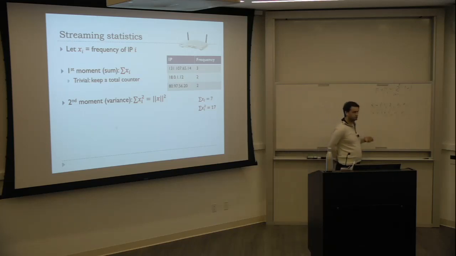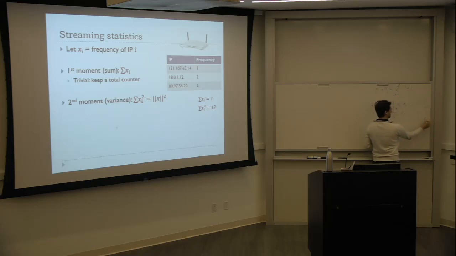Now suppose we see another copy of IP2, so this gets incremented. If it was the first vector, the new vector becomes 1, 3, 0, 0, 0, 0. And if this was the vector so far, and IP2 appears again, this becomes 2, 2, 0, 0. The second moment of this one is 10, the second moment of this one is 8.